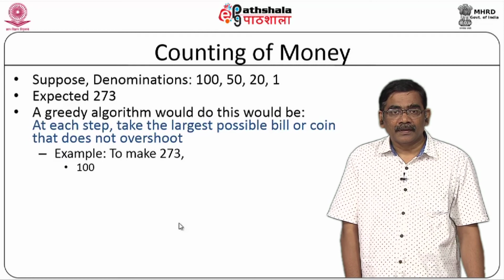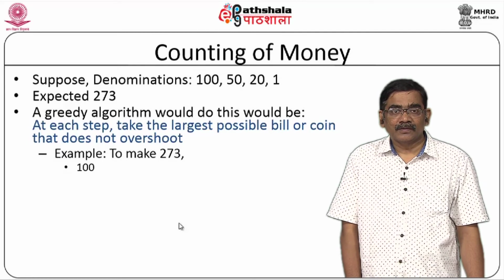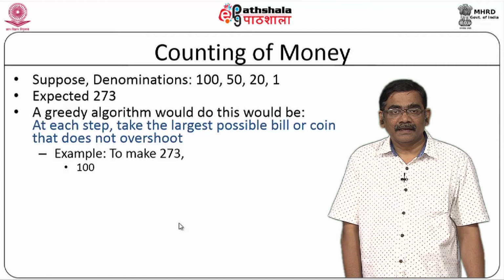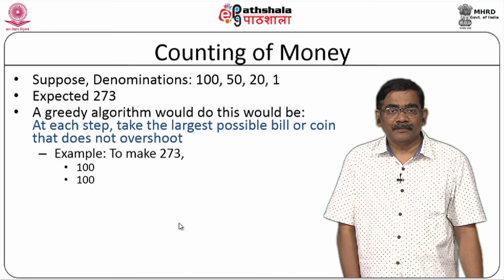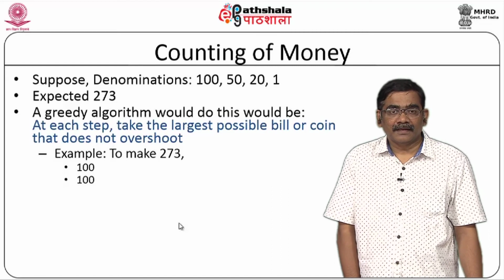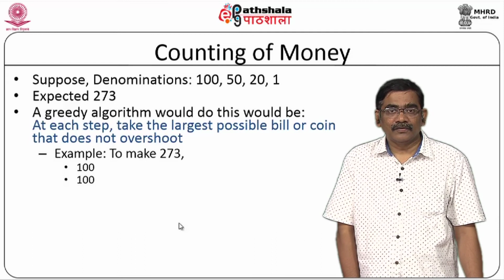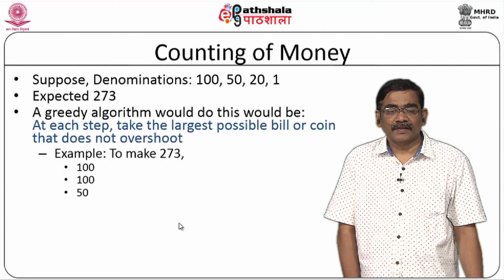Now the total amount is reduced to 273 minus 100, that is 173. I am giving another 100, so it becomes 73. I am looking for the next largest denomination that fulfills the request. It is going to be 50, so then it becomes 23.